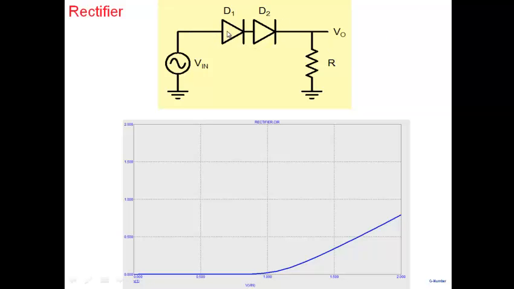But the slope here is still practically equal to 1. Because note that once the diodes turn on, the voltage across the diodes remains reasonably constant, and then V0 basically starts following V in, and therefore the slope dV0 by dV in will be practically equal to 1 here. So we can't get slopes which are different from 1 in this simple circuit.